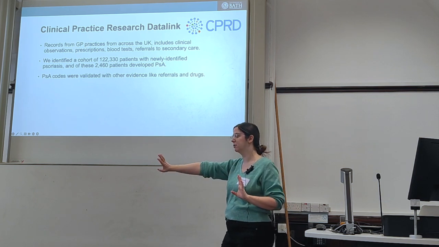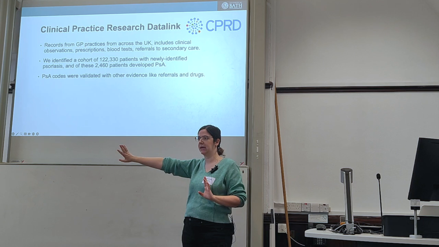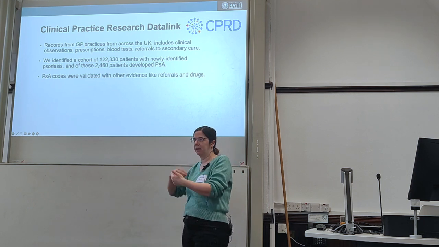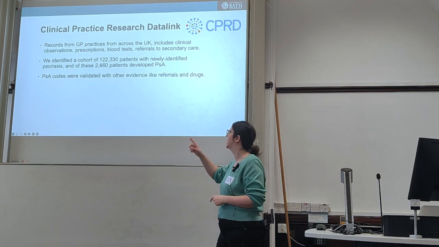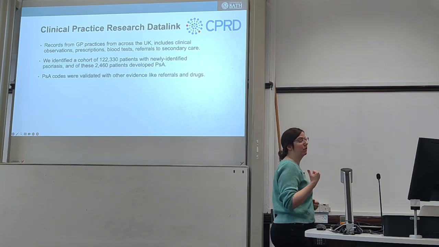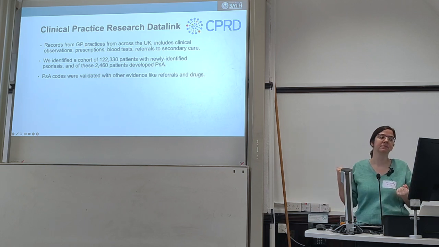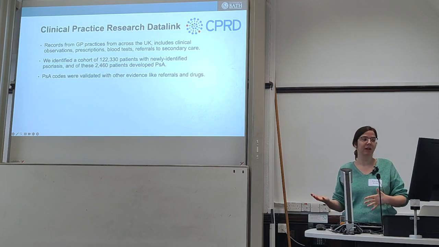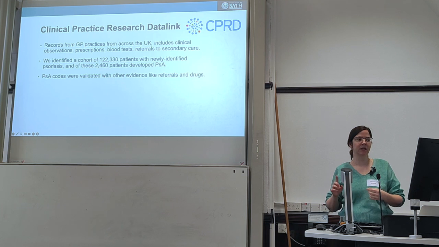And then we followed them forward until either they stopped contributing data, they passed away, their GP practice took themselves out of the CPRD, or they developed psoriatic arthritis. So we have about 2,500 patients who develop psoriatic arthritis, which is about 2% of the group.